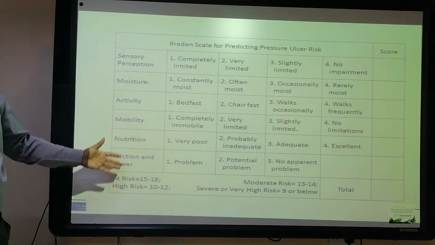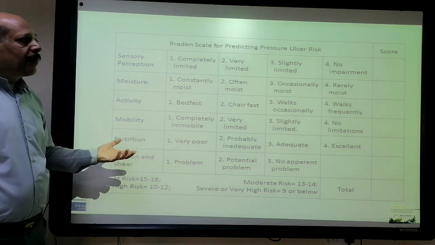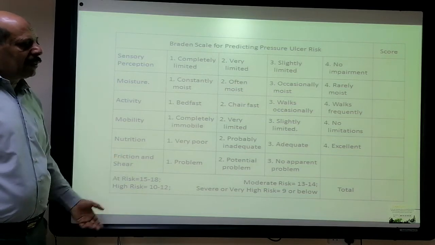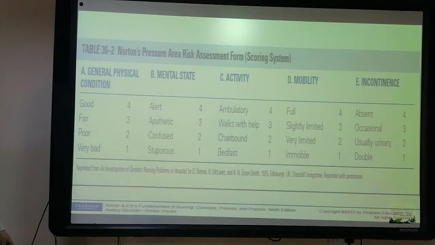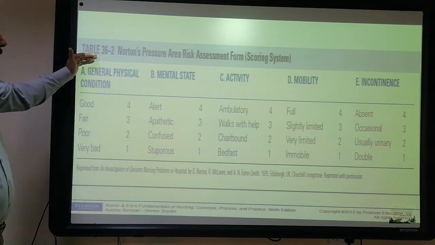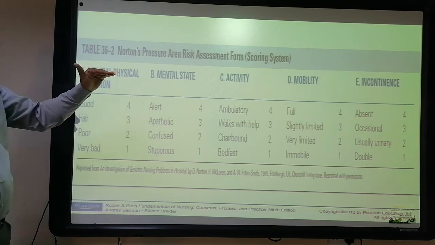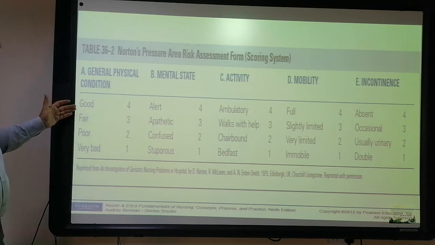So this scale, we are using it in order to find out if our client is at risk of developing bed sore or not, and in which category he is prone to bed sore. The second one is the Norton Pressure Area Risk Assessment scoring system.